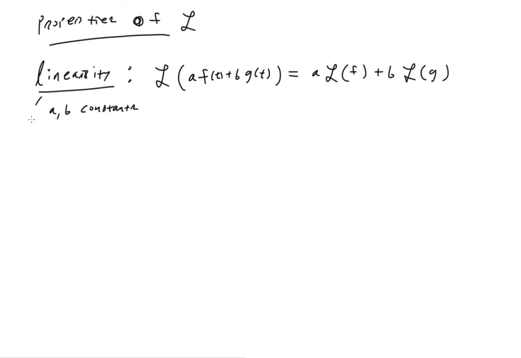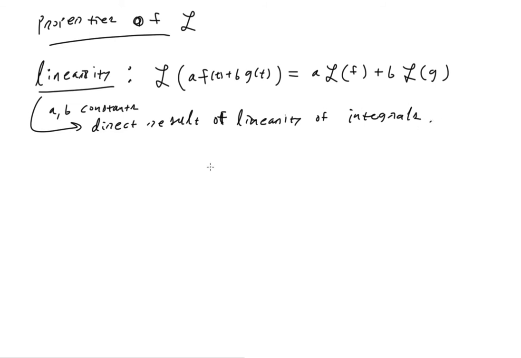And this linearity is a direct result of the linearity of integrals. And it should be noted, of course, that we always have that hypothesis that it has to be true that these two things exist.